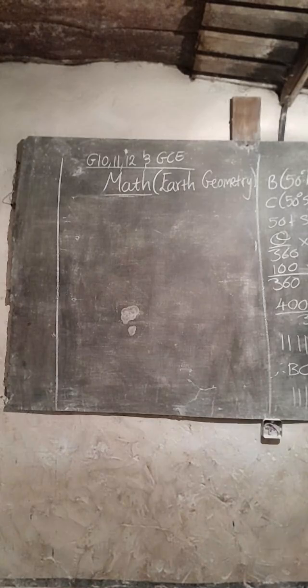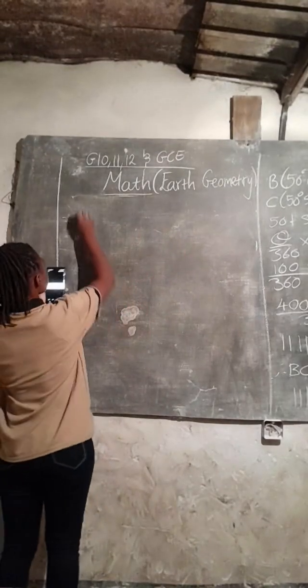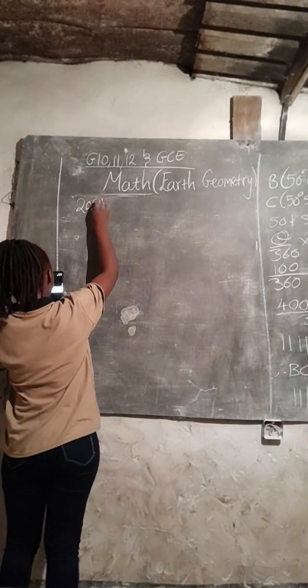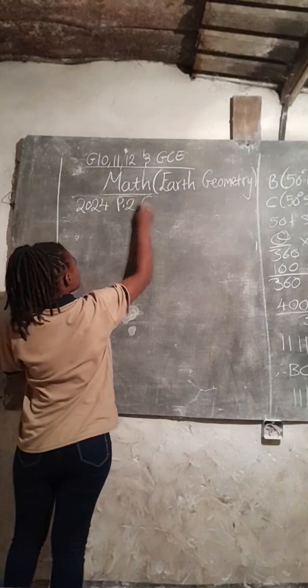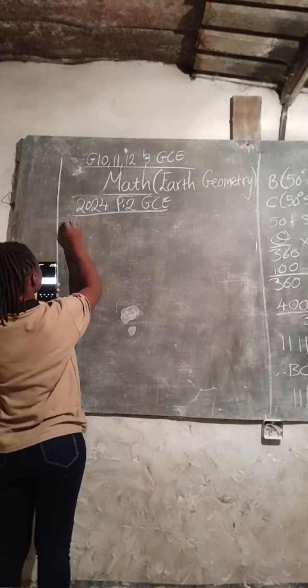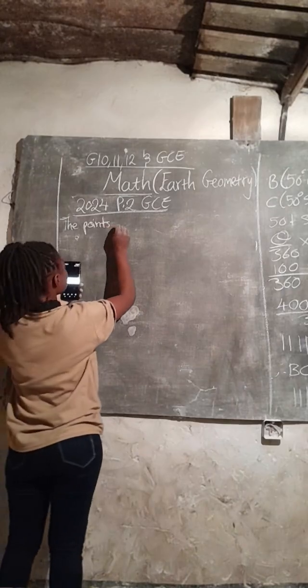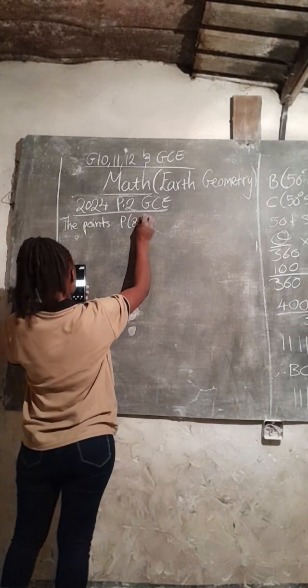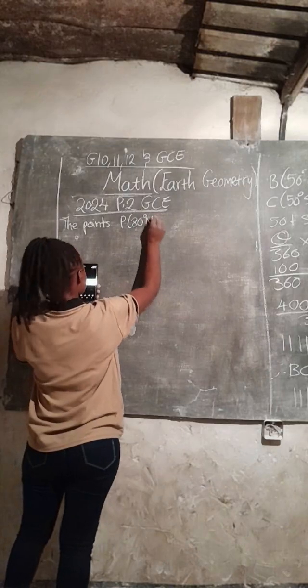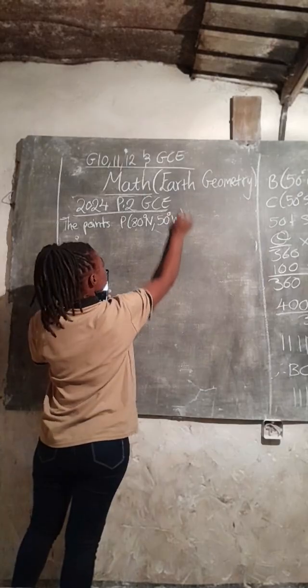So let's look at a question where we're required to draw the surface of the earth, and then we deal with the calculations. It's totally different from the one that we had. This is the 2024 Paper 2 GCE. The point P is at 80 degrees north, 50 degrees west.